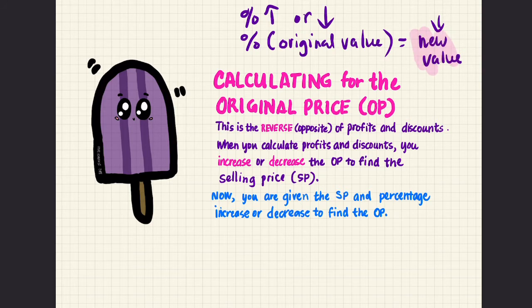But now, calculating the original price, you are given the percentage and the new value, and what we are looking for is the original value. So this is where your knowledge of algebra will be used.